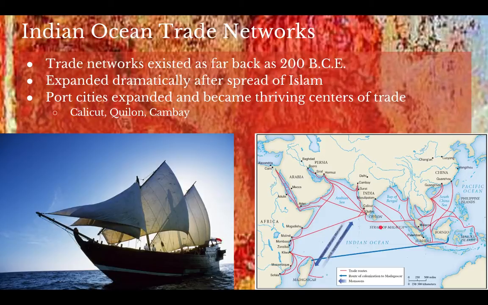And cities on the west coast of India, places like Calicut, which is now Calcutta, Keelan, which we see here, sorry, Calicut was down there, Keelan and Cambay, all become very wealthy port cities and thriving centers of trade because there were constant interactions with merchants from East Africa and Southwest Asia.